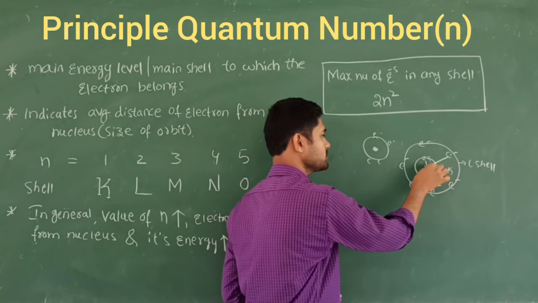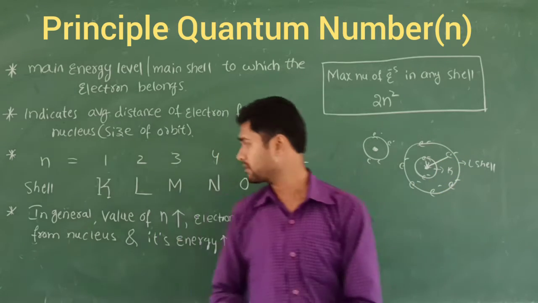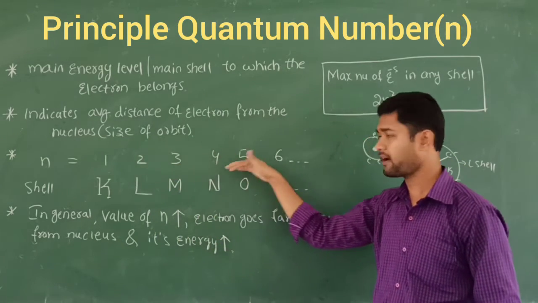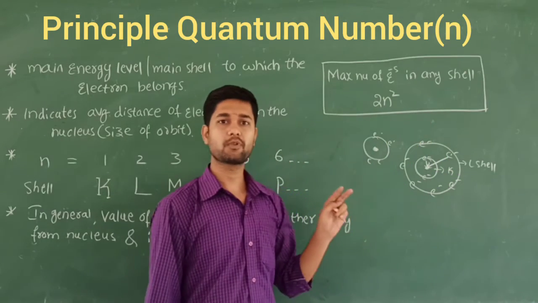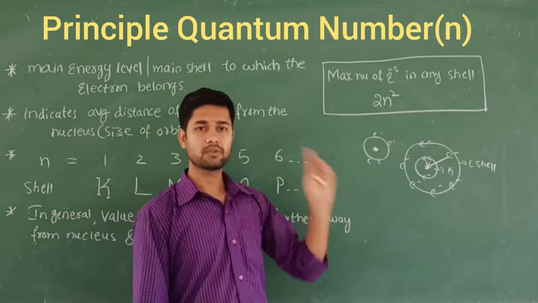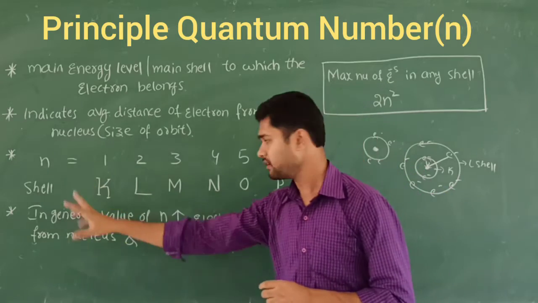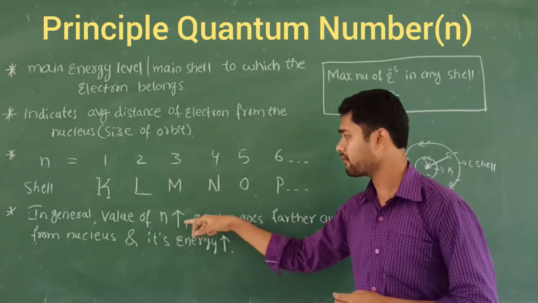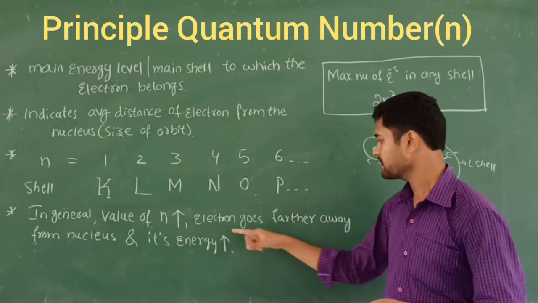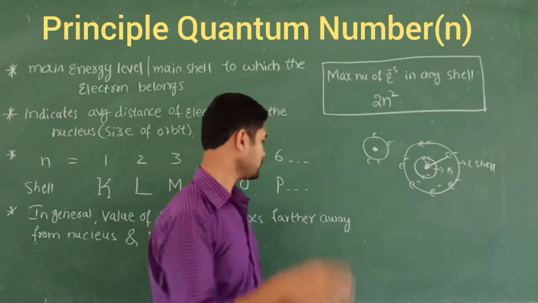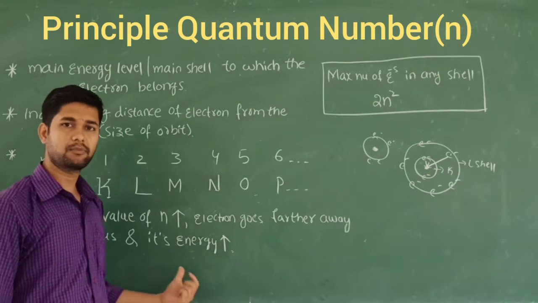These electrons are farther away. When the value goes on increasing to 4, 5, 6, the electrons go farther away from the nucleus. In general, as the value of n, the principal quantum number, increases, the electron goes farther away from the nucleus and its energy also increases.